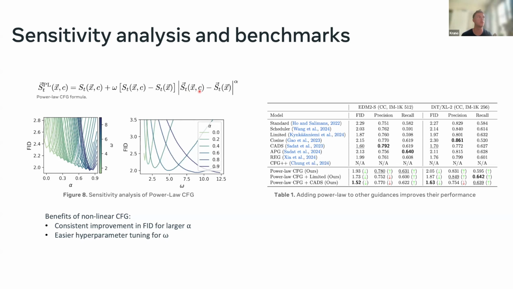To have the same benefit, you have to increase omega. So in our paper and in the NVIDIA paper, you can see that the smaller the period where you apply classifier-free guidance, the larger omega has to be to achieve good results. Okay, cool.